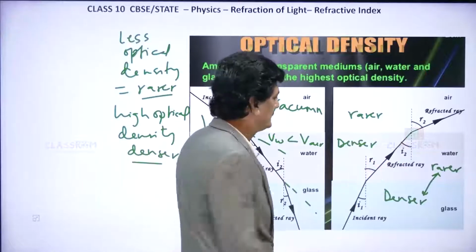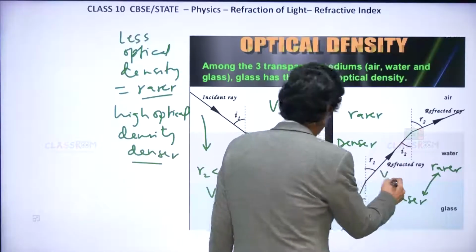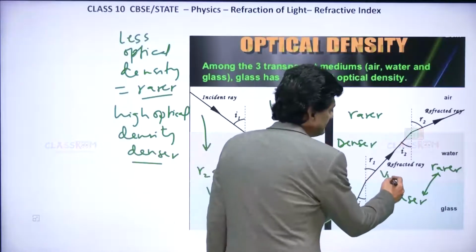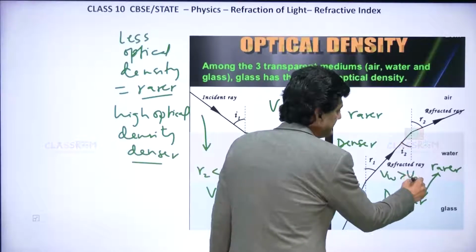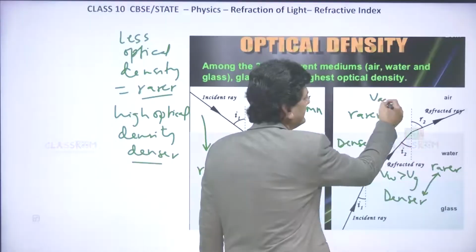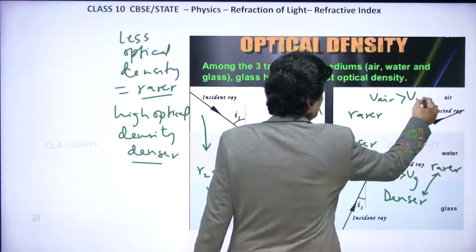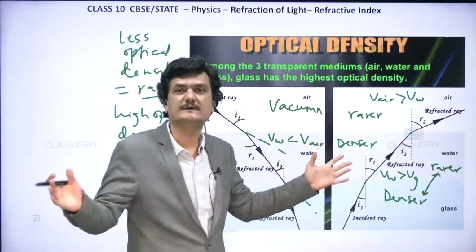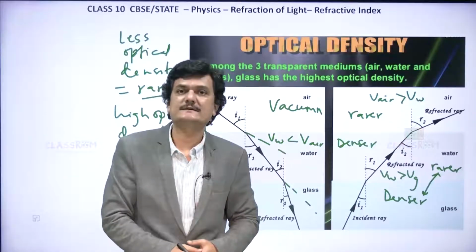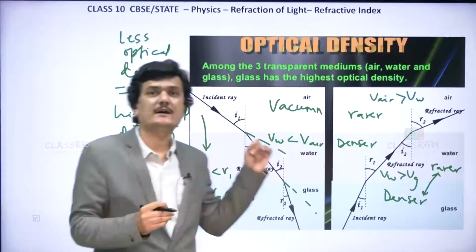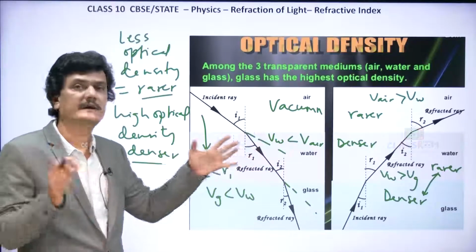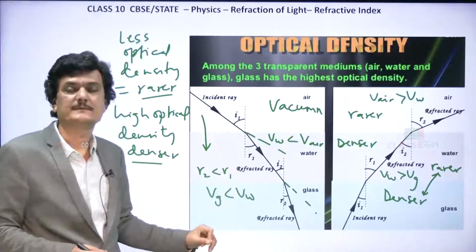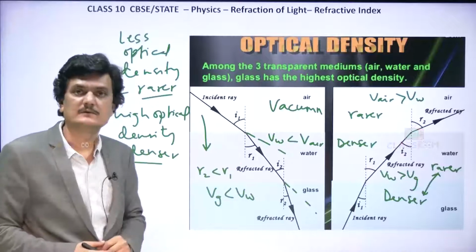The velocity in water will be greater than in glass, and the velocity in air greater than in water. Also the angle of refraction is increasing. So if the refraction takes place in an optically rarer medium, the angle of refraction will be large, and if it takes place in a denser medium, the angle of refraction will be less.